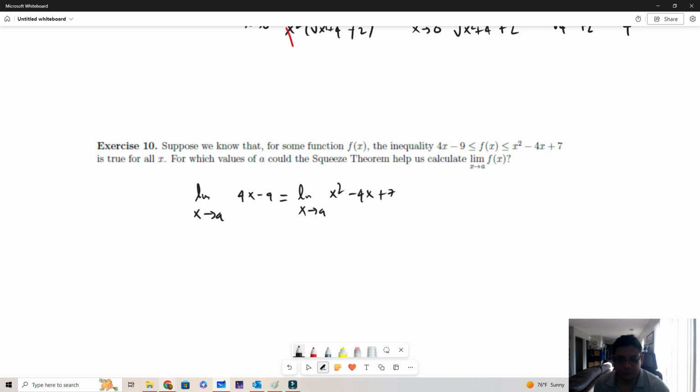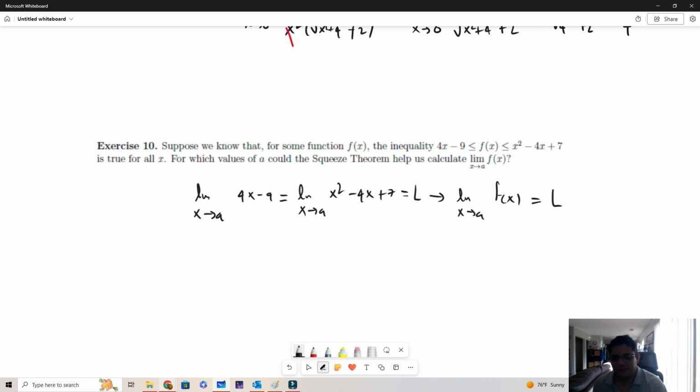And if those two limits are equal to a certain number L, then the limit when x goes to a of f of x is also going to be L. And that's what the squeeze theorem tells me.